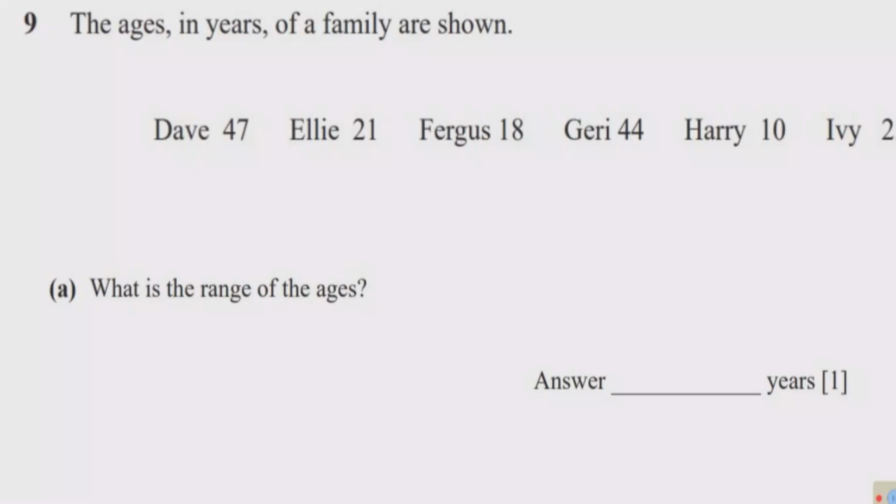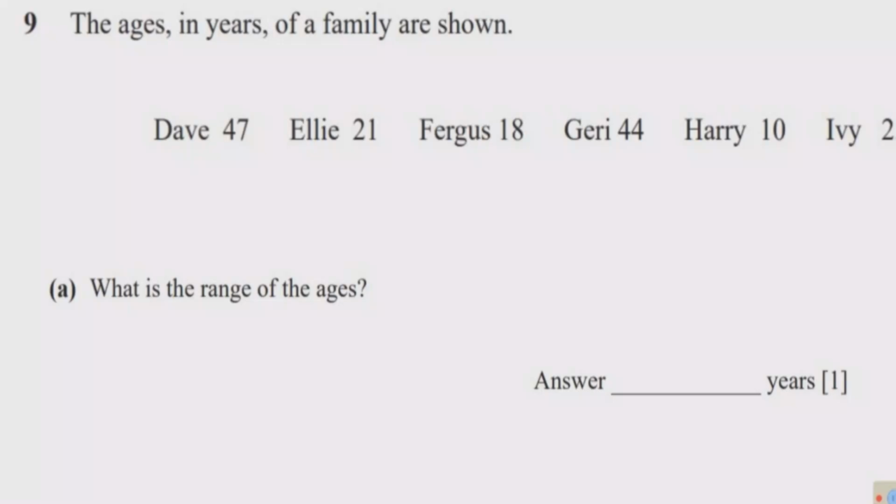Okay, so for us to know exactly the range of these ages given, let's try to arrange these terms in descending order. We start with the biggest and end with the smallest. This will be easier for us to identify the biggest number and the smallest number.